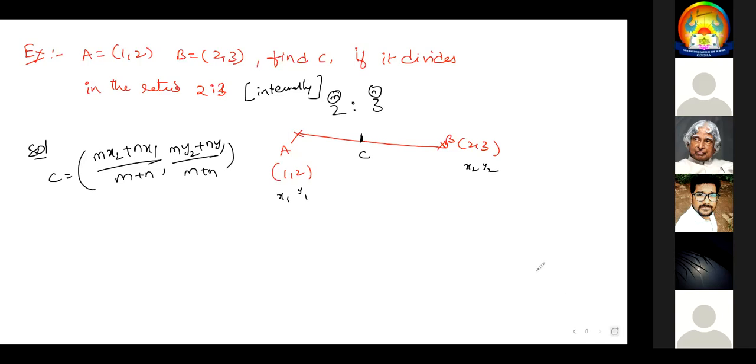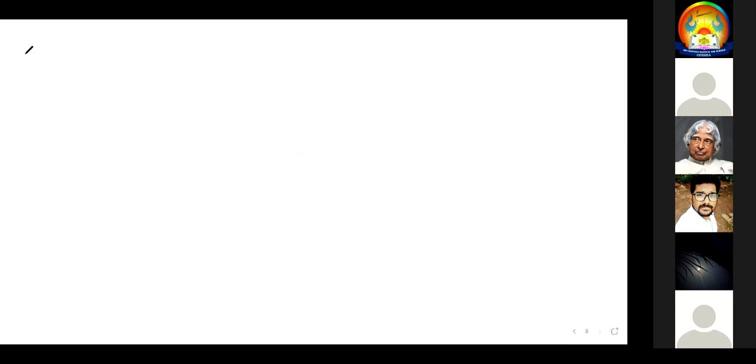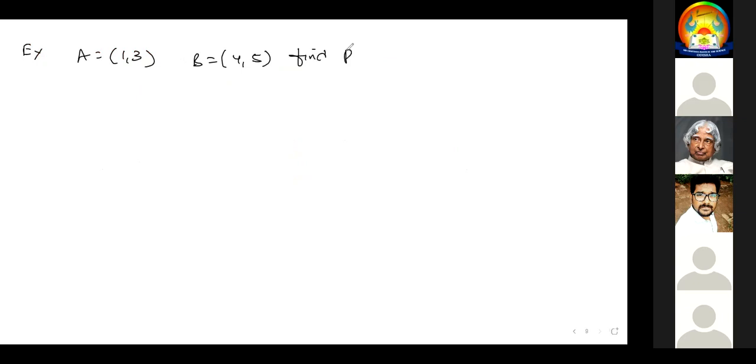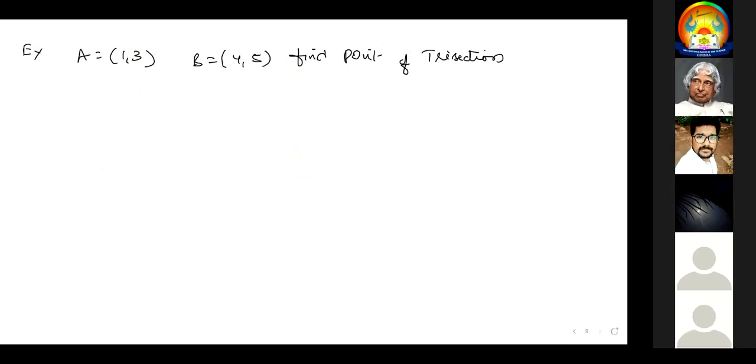Now one more question. Capital A is equal to (1, 3), capital B is equal to (4, 5). Find the points of trisection. Please calculate that. So what will we take, the ratio 1:2 or 2:1?